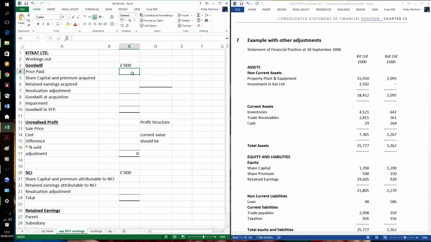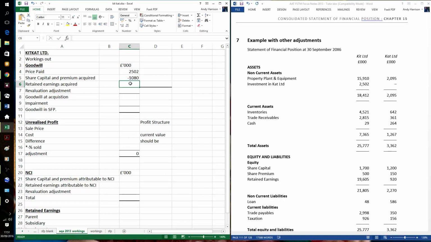We know we paid 2502, and we know what we got in terms of share capital. I'm putting the minus symbol in because we're just going to subtract it later: 1350 and 80%, or I could have done 0.8.